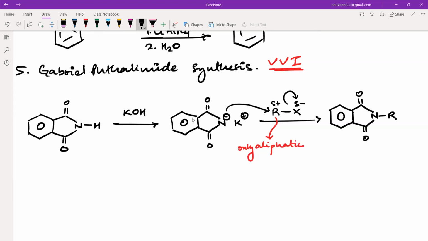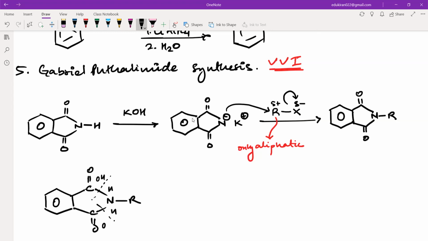Now, let us look at this molecule, and we are going to break this molecule. So you have carbon double bond O, carbon double bond O. There is N, there is R group here. We are going to add water, and what is water going to do? Water is going to break these two bonds, and it is going to add OH here and H here, and again OH here.